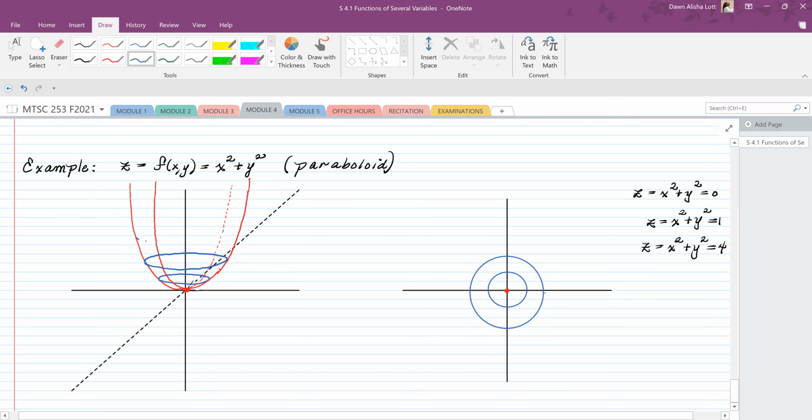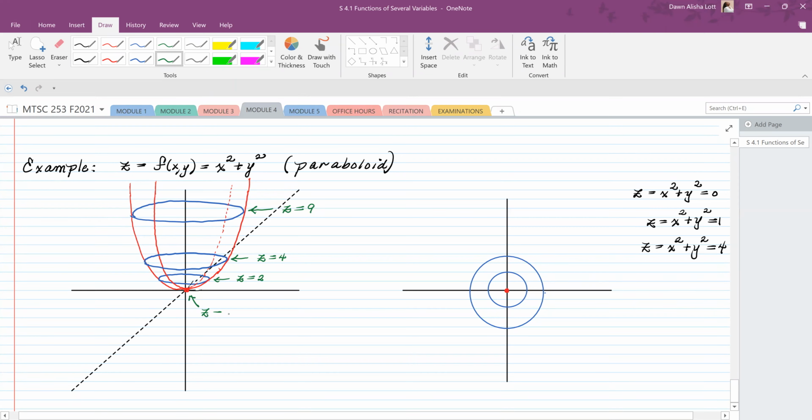And then I can do another one. I need to bring that one up higher. This is z is equal to 9. Z equals 4. Z equals 1.